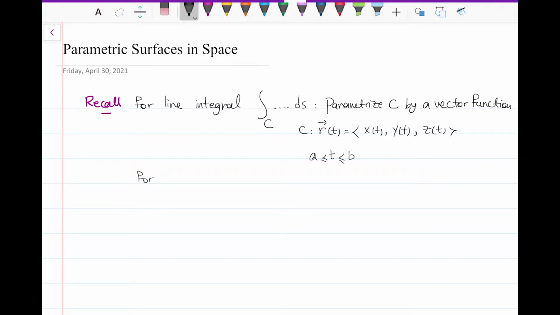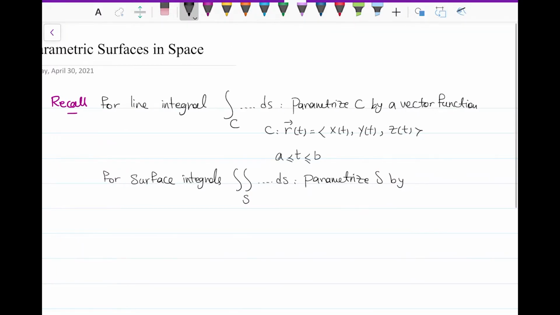Now we're going to talk about surface integrals. For the surface integral, I'm going to have the double integral over a surface S, and now, as before, I need to parameterize S by a vector function.